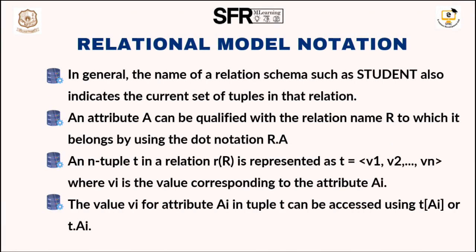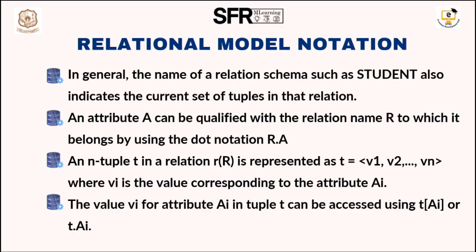An attribute A can be qualified with the relation name R to which it belongs by using the dot notation.